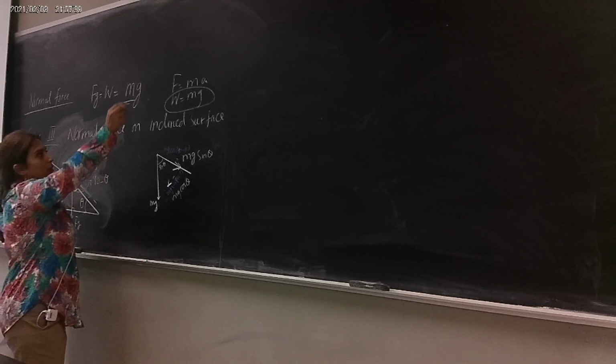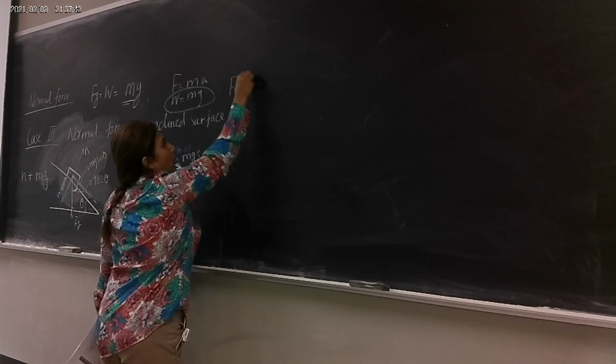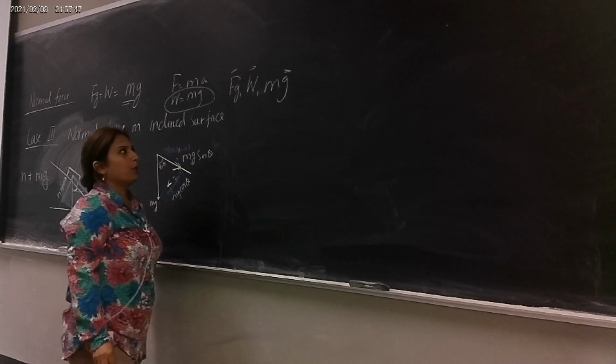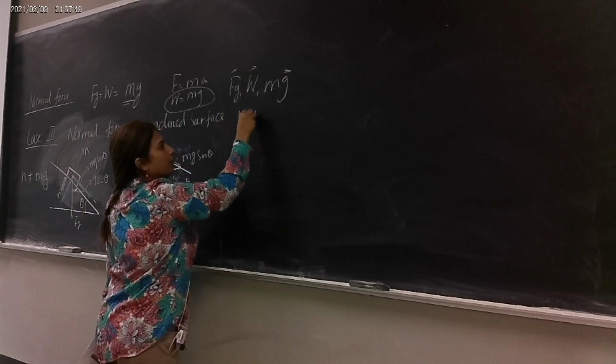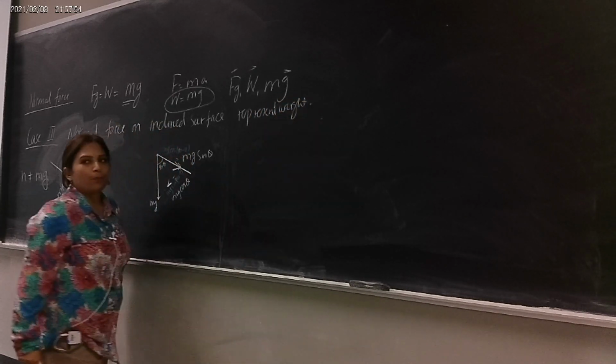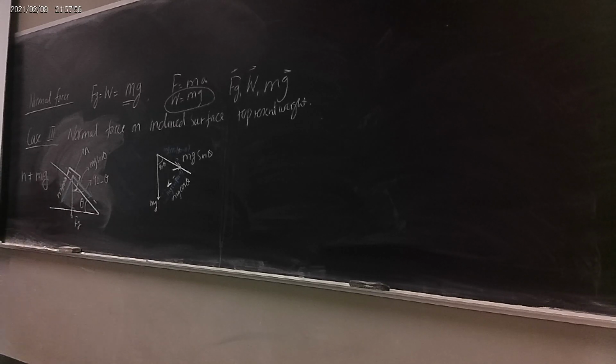Weight, Fg vector, mg, they all represent the same thing. So where you have Fg, you will have to replace it by mg, because if mass is given, you need to multiply it by 9.8 meters per second squared and get the weight value.